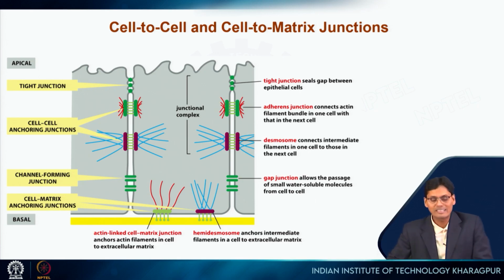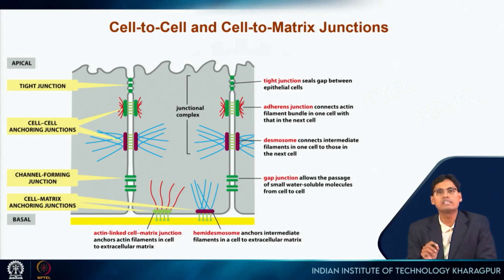Now a little more detail about cell-to-cell and cell-to-matrix junctions. First, I should explain what the matrix is. When I showed the epithelial layer, those cells were attached one by one.